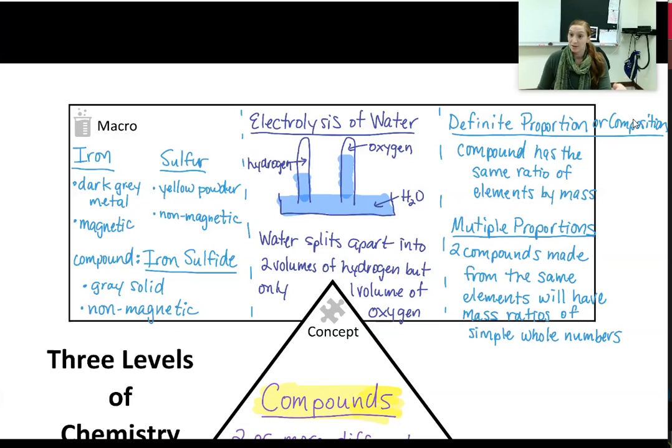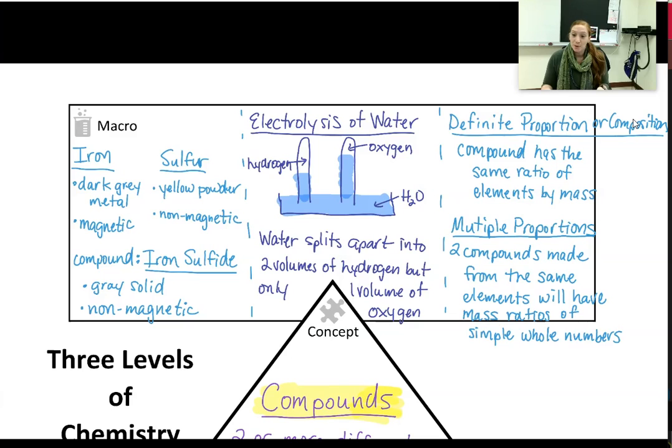For example, compound A wound up to be 1 carbon and 1 oxygen, or CO, that's carbon monoxide. Compound B was 1 carbon and 2 oxygens, or carbon dioxide. And we found that with our other compounds as well, they wound up to be simple whole number ratios. We can either have 1 atom or multiple atoms, but we can never have parts of atoms.